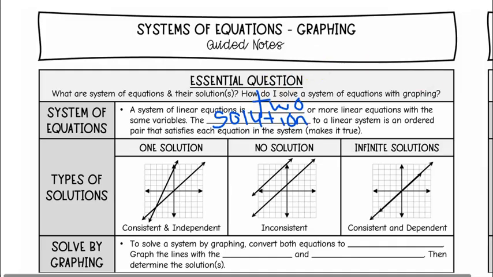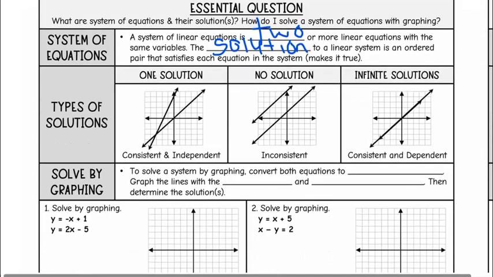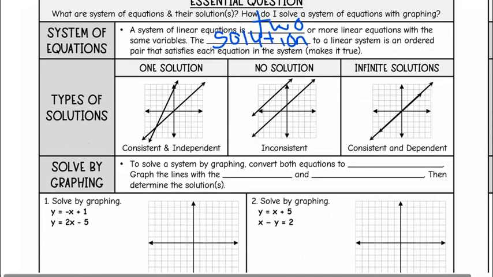Now the problem is, and this is something new, sometimes when you compare the 2 linear equations, you might have one solution, no solution, or infinite. Now today we're going to go over the notes, but really I want to focus on that one solution.